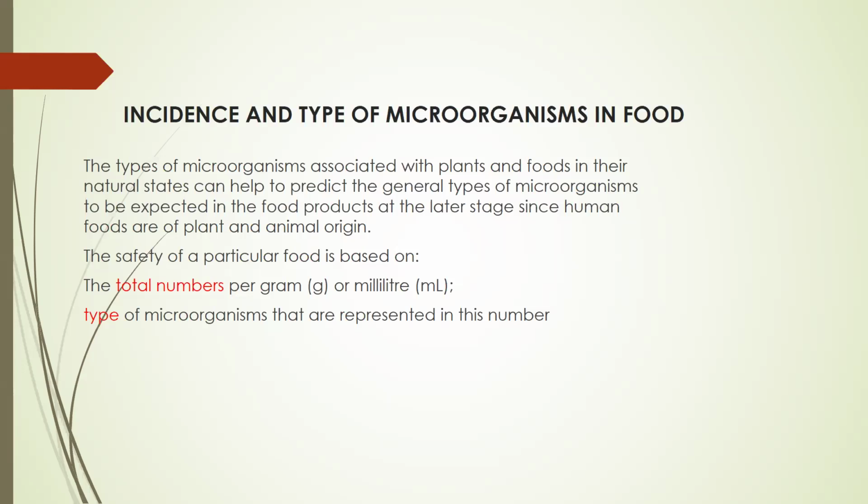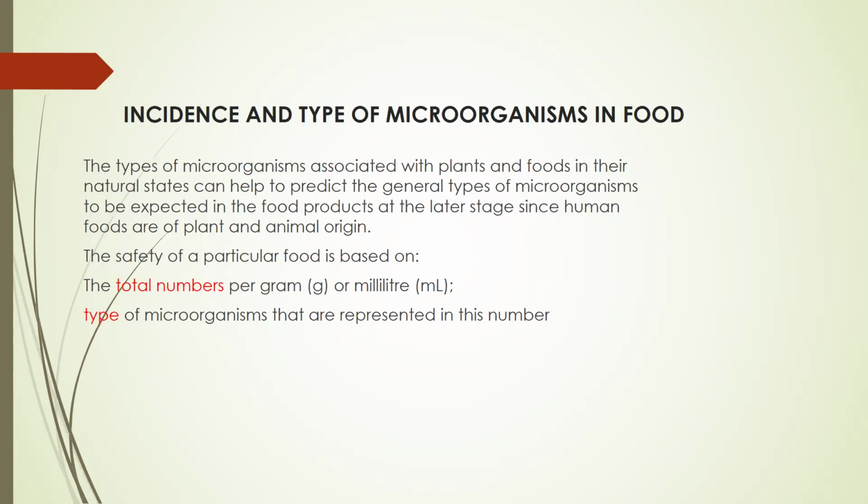So the safety of a food is based on the total number of microorganisms per gram or per meal. If I have a cup of juice, or a bottle of juice or bottle of water, and I try to isolate microorganisms aseptically without contamination, I will see the total number of microorganisms I have there.